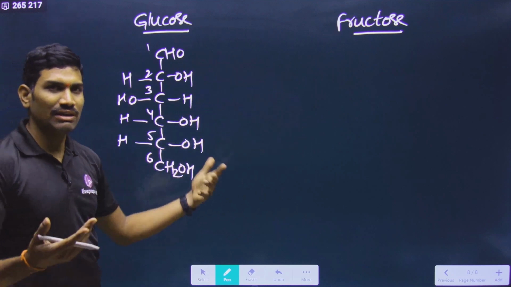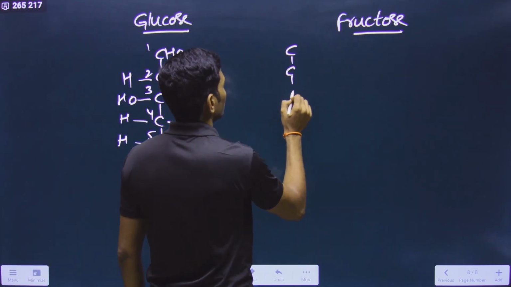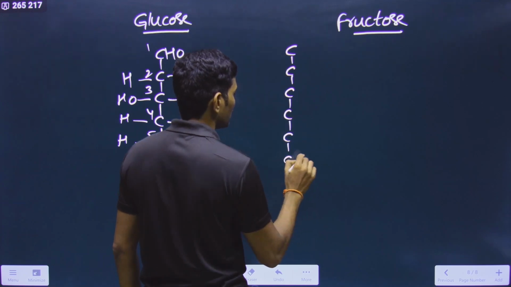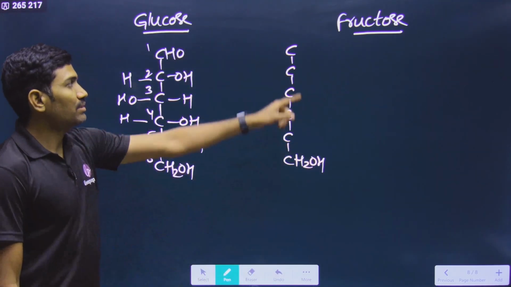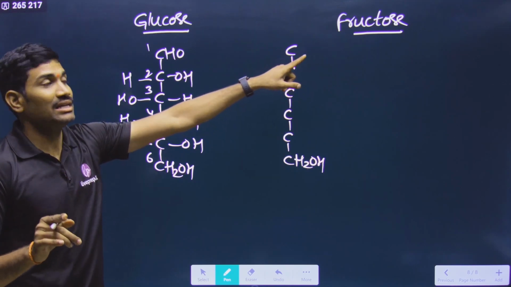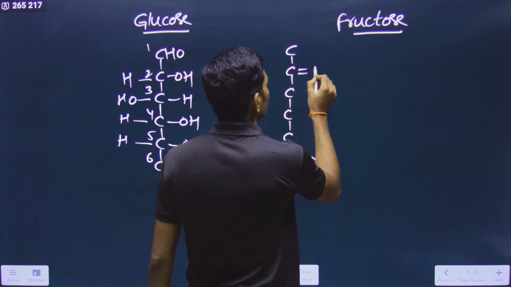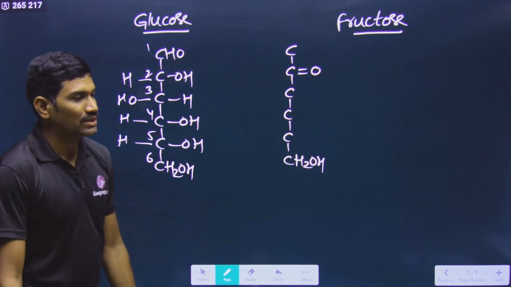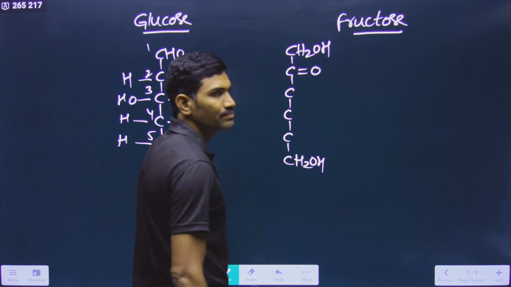Now fructose also has 6 carbons. So write the 6 carbons. Here I will write the carbon, 1, 2, 3, 4, 5, 6. But please remember, fructose contains a ketone group. Ketone is never present on the first carbon, so here it is present on the second carbon. So the first carbon again will become CH2OH.